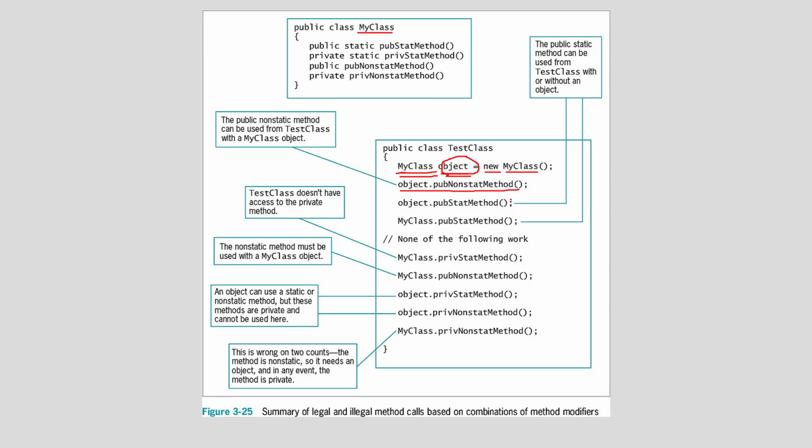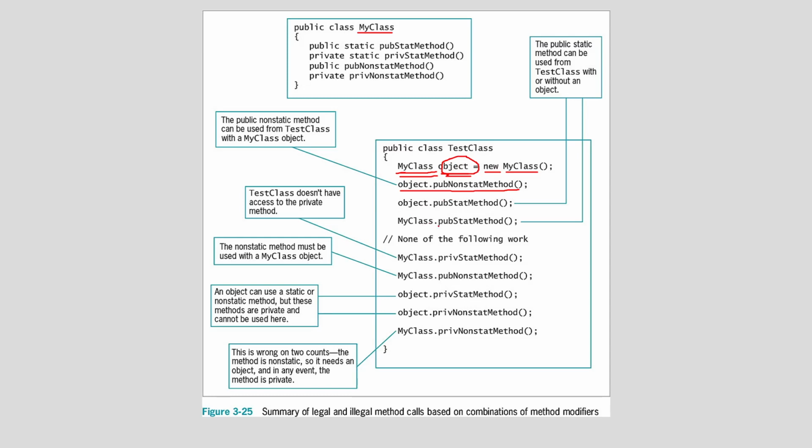In the second one, object.pubStatMethod, the public static method can be used from the test class with or without an object. Take note, pubStatMethod is declared static, so it can be used with or without an object. So it's legal here.